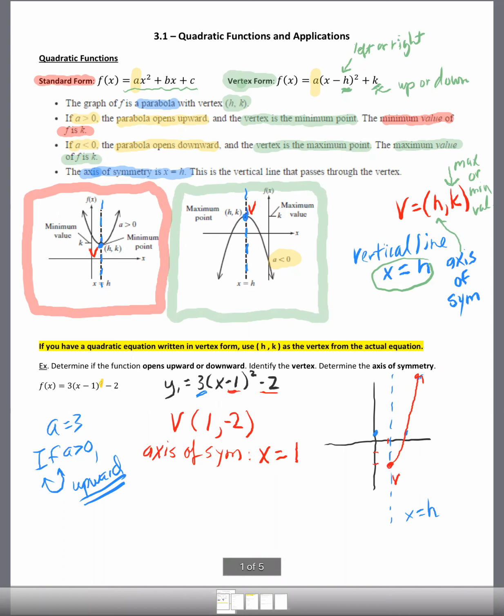The neat thing about the axis of symmetry is that if there's a point that is over to the right of it, then for the same amount of distance, you're going to have one on the left side of the axis of symmetry. Okay, I would use my calculator to kind of get an idea of what the picture looks like. I would use my table of values even to kind of help me plot some more points. All right, so that's what that problem is asking us to do there.